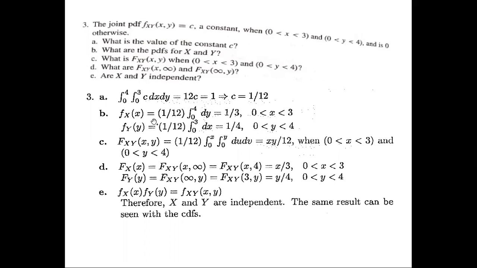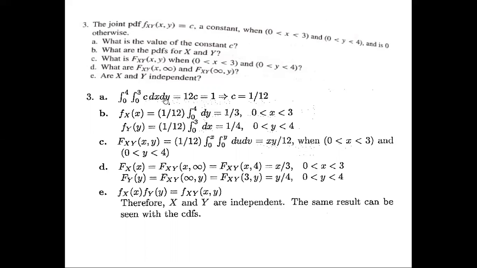That means f of x is equal to the integral of f of x, y, dy, where the limits of y can be written as minus infinity to plus infinity. The value of f of y will be the integral of this dx.